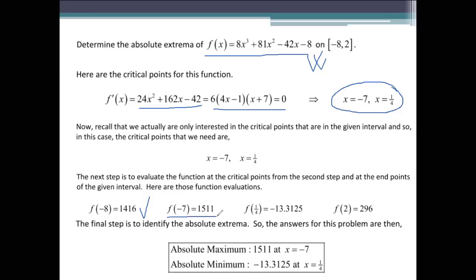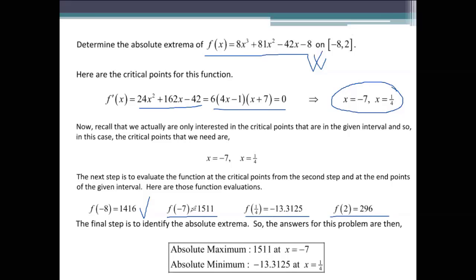The next one is for 1 over 4. If we evaluate for 1 over 4, you can check it, it will be -30.3125. And if we evaluate for the last point, the endpoint of our interval, we get 296.